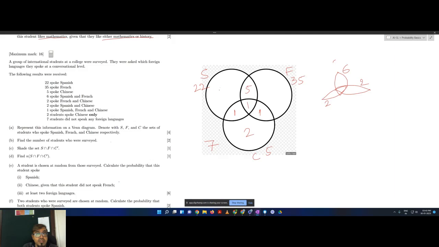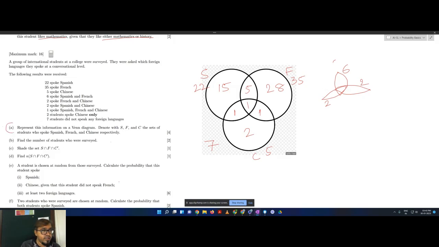So how many spoke Spanish only? Spanish only is 22 minus 7, which is 15. How many spoke French only? 35 minus 7. 5 plus 1 plus 1 is 7. So 35 minus 7 is 28. Okay, so that's all. So we have a Venn diagram representation.